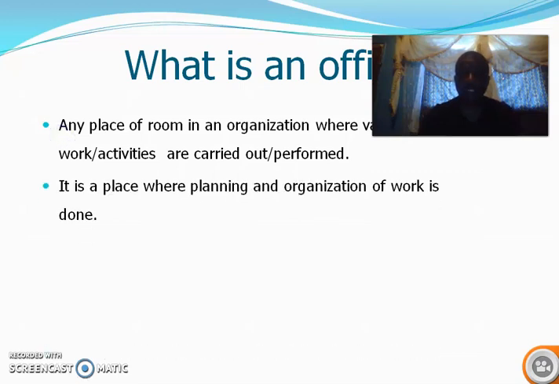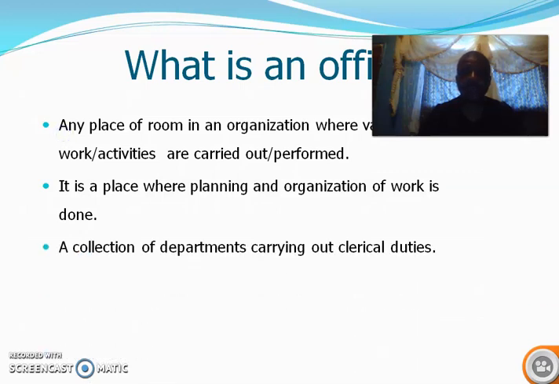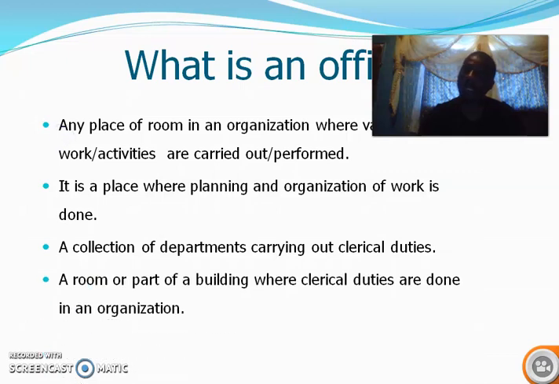An office is a place where planning and organization of work is done. An office can also be referred to as a collection of departments carrying out clerical duties. And an office can also be defined as a room or part of a building where clerical duties are done in an organization.